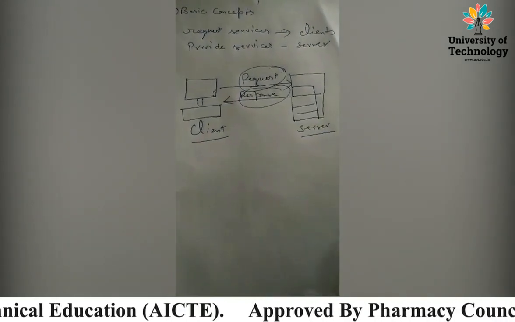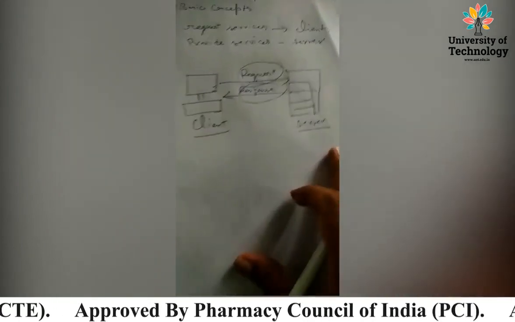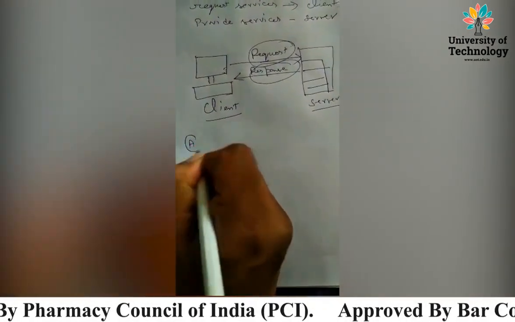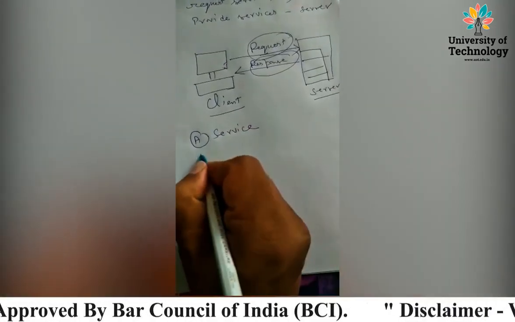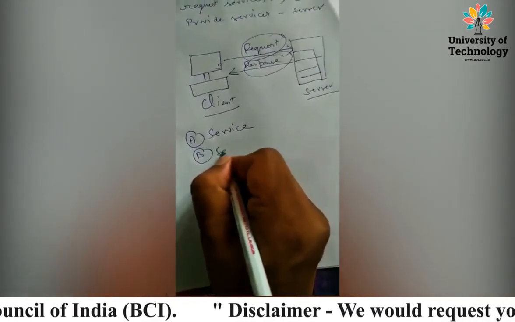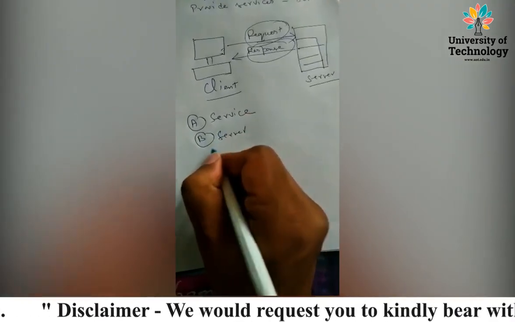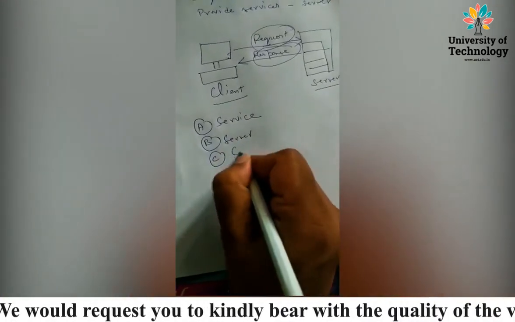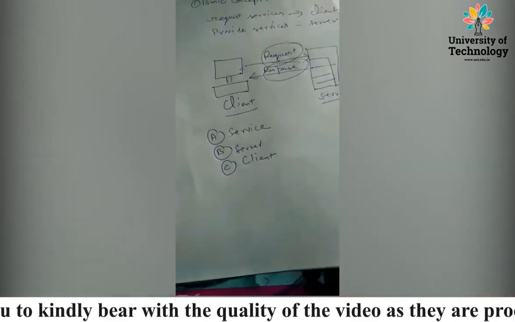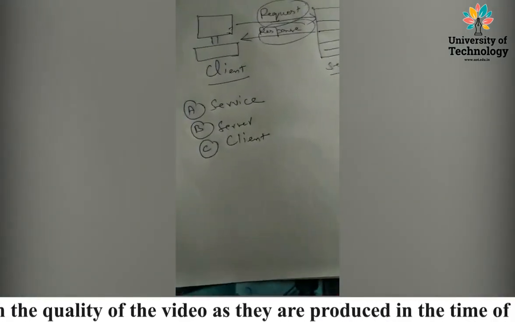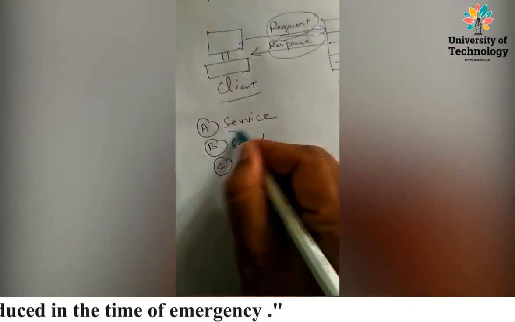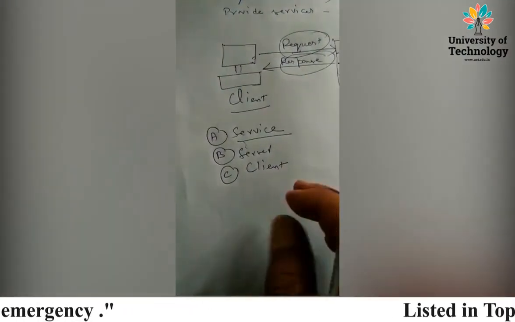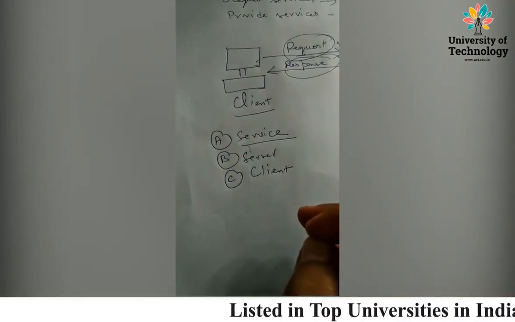A more detailed client-server model has three components: first, service; second, server; and third, client. A service is a software entity that runs on one or more machines.